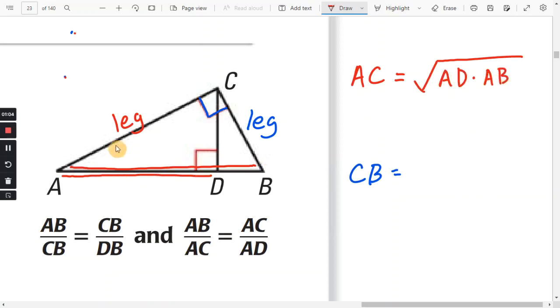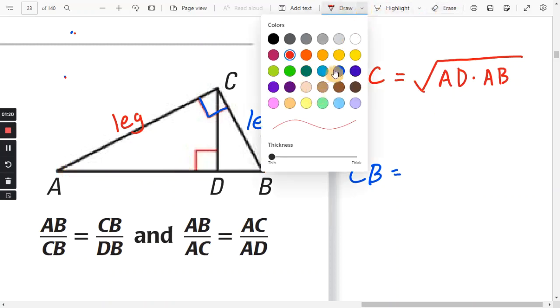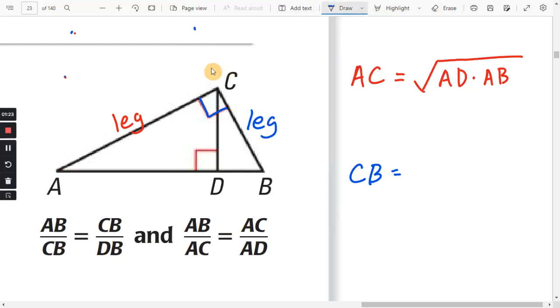So you basically take the piece of the hypotenuse that is next to that leg and then multiply it by the entire hypotenuse and take the square root. Now for the other leg, I'll write it in blue. The other leg is this one right here, CB, and that's going to be the geometric mean of BD and the entire hypotenuse, which is BA.